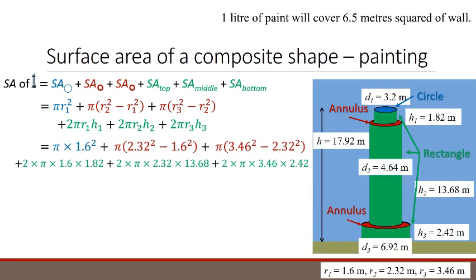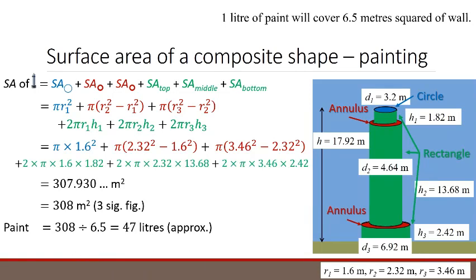And we can do that in one step on the calculator if we're careful, or we can do it bit by bit and add them together. We should get an answer of 307.930, and the digits keep going, in metres squared, or 308 metres squared to 3 significant figures.